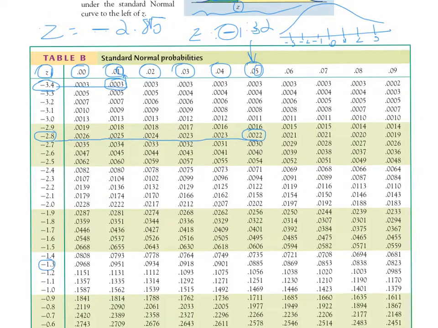Now we want -1.32, so we're looking for a second decimal place of 2. So we keep going down this row and stop at 0.02 because that would be -1.32. So the area to the left of -1.32 is 0.0934.